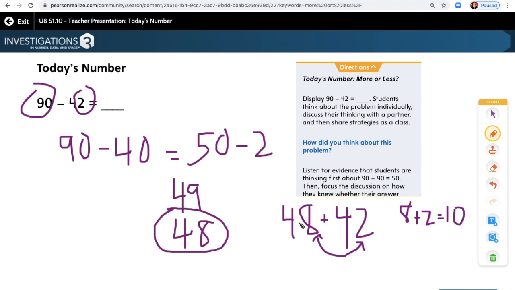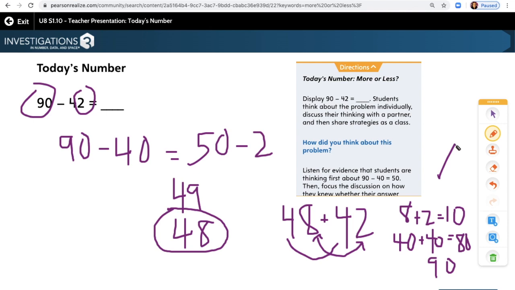And then next, I'm going to add 40 plus 40. And I know that this isn't a 4, it's a 40 because it's in the tens place. 40 plus 40 equals 80. And then 10 plus 80 equals 90. So our answer is correct. You can check that off.